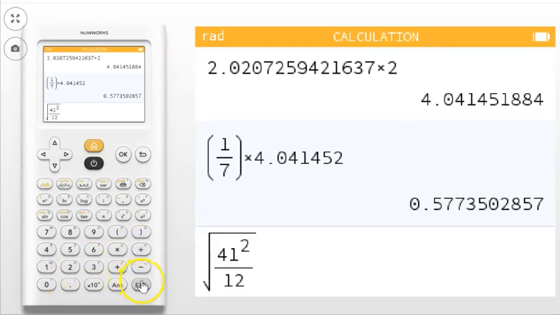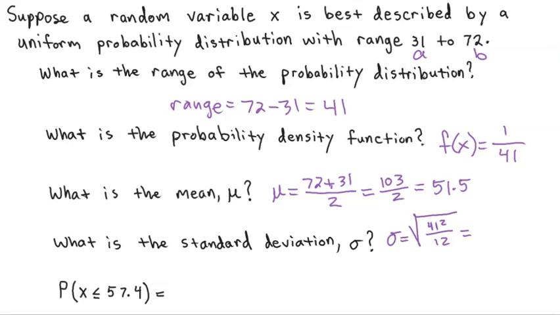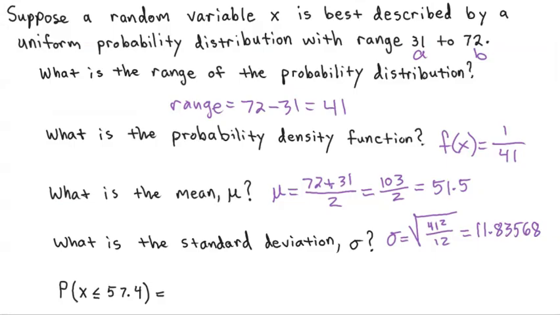That's how we calculate the standard deviation. And that's equal to 11.83568. I'm going to stop at 5 here. Let me check that again. Okay, excellent.